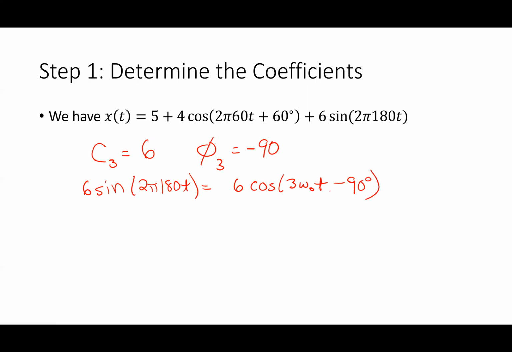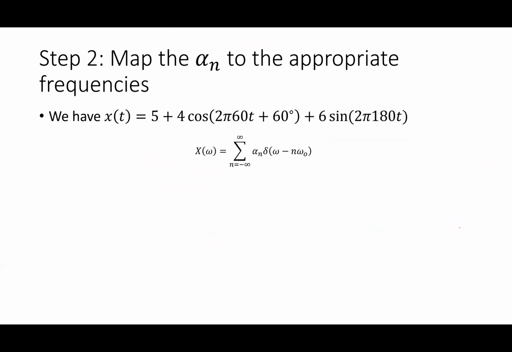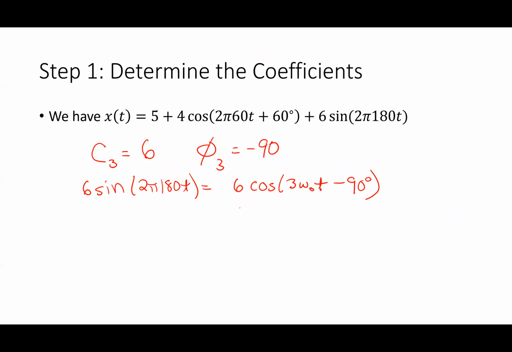Again, if I can go to these formulas, now that I know the C values and the phi values, I can get to the alpha value pretty easily. For me, I look at this and I just say, all right, I have 6 cosine theta, where theta is now equal to 3 omega naught t minus 90 degrees.